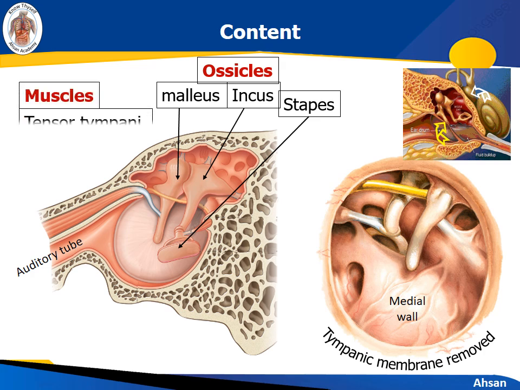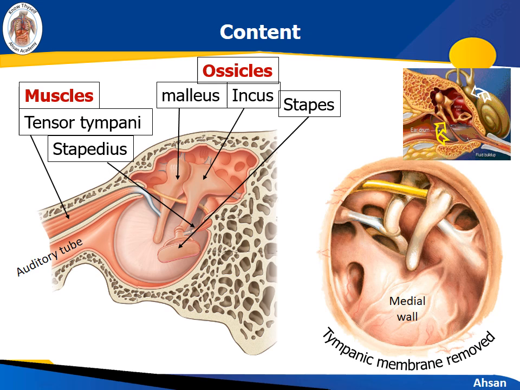Now the muscles, two muscles. This is the tensor tympani muscle, and another muscle, very small, lies totally within the cavity. This is the stapedius muscle. The tensor tympani tendon gets inside, and most of the part remains within a canal of the temporal bone and is inserted into the handle of the malleus.